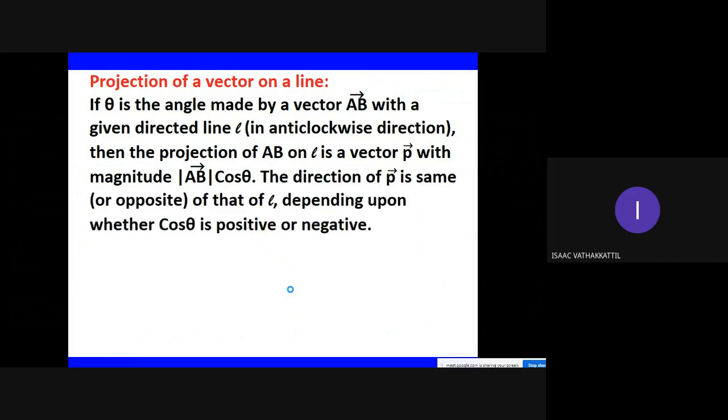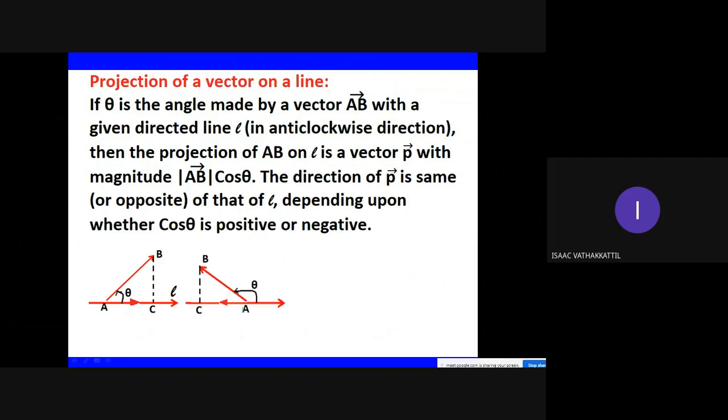And that could be in the same direction if the angle is acute, that is, if AB and L are in the same direction, and the projection will be in the opposite direction if they are in opposite directions. See here, L and AB, the angle is acute, the projection is vector AC.